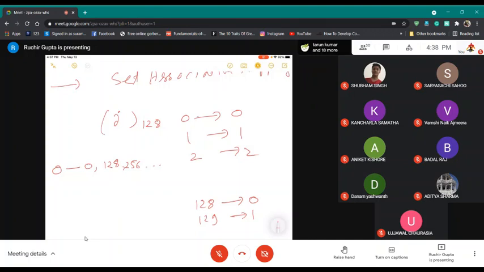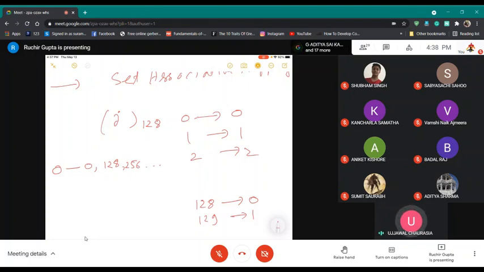And at one location, how many possible blocks will be there? Can you tell me? You know the size of cache memory. You know the size of main memory. So for a particular location, how many candidates will be there?